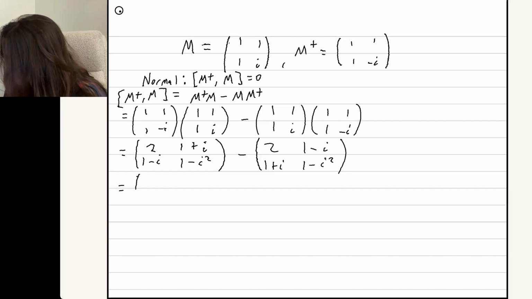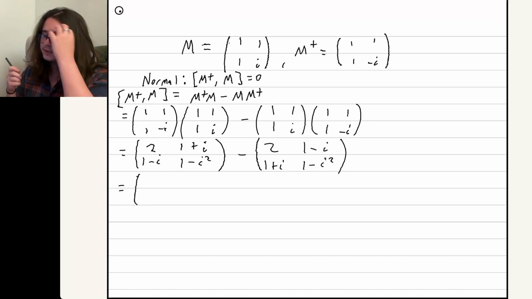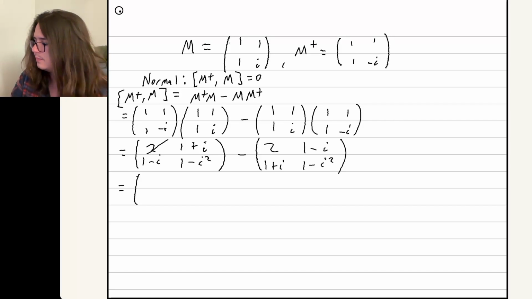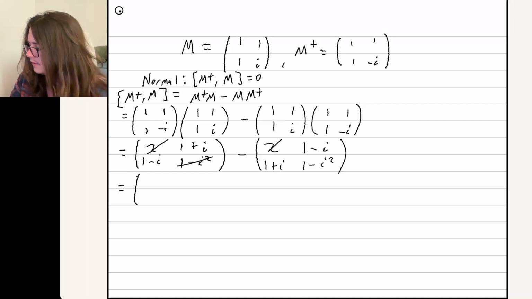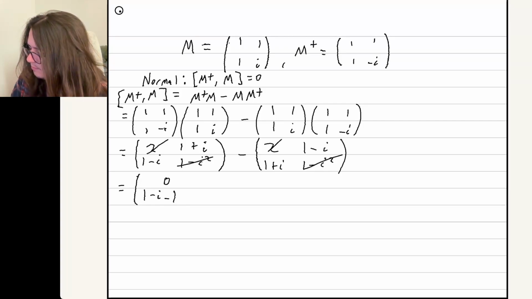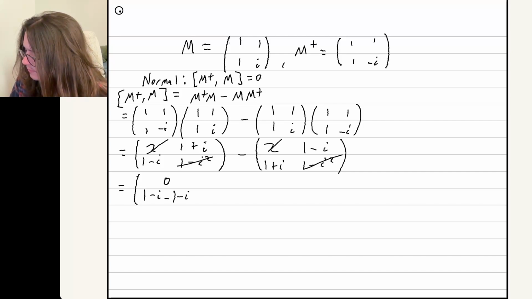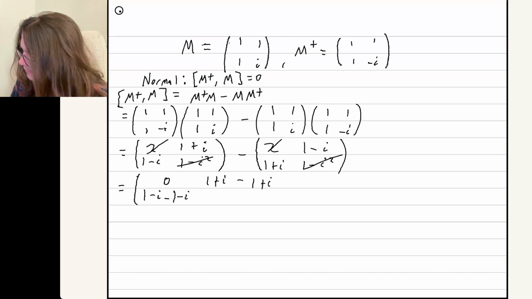So quickly do subtraction of these two matrices. This element cancels out this one, this element cancels out this one, but then we got these weirdos that are 1 minus I minus 1 minus I, and then 1 plus I minus 1 plus I, 0.